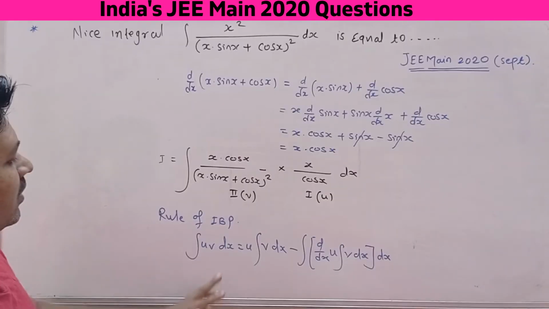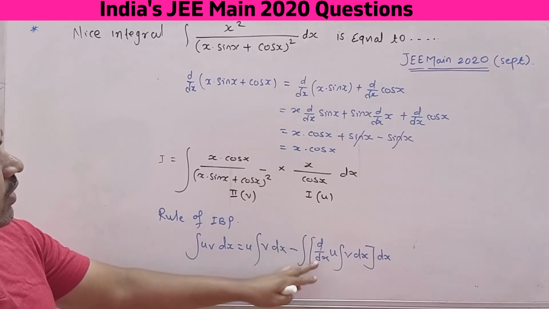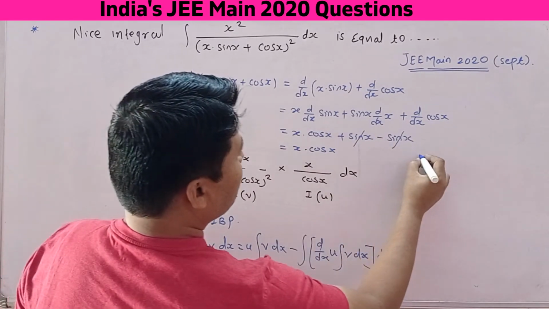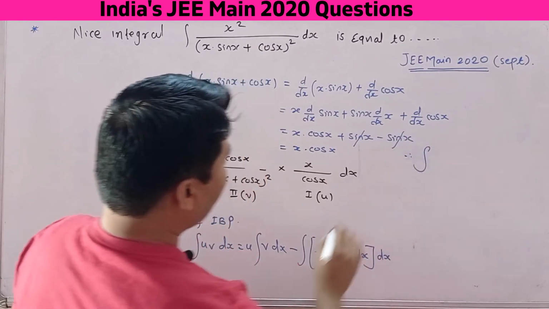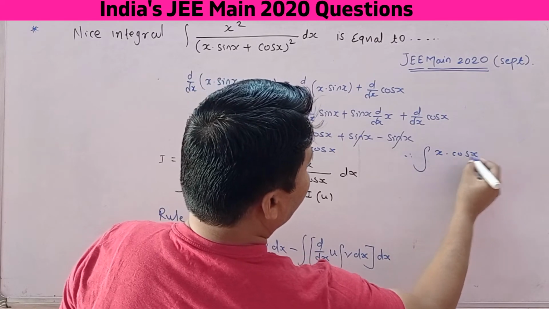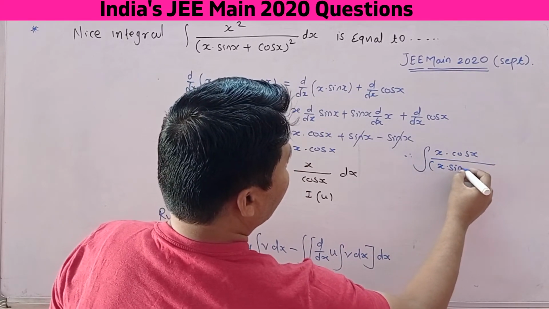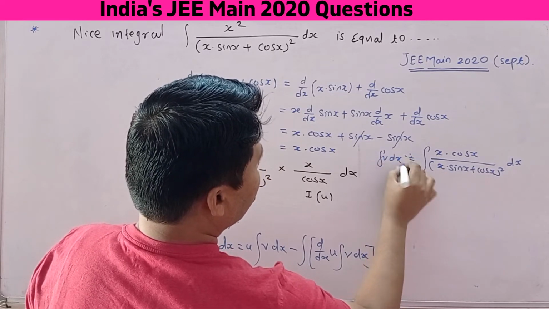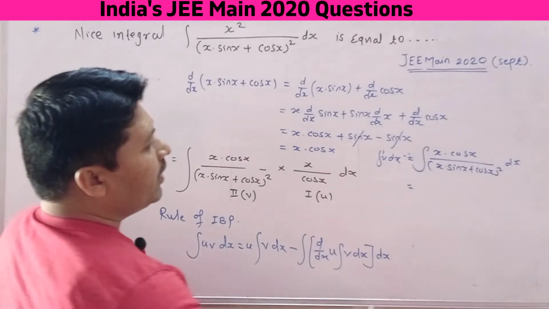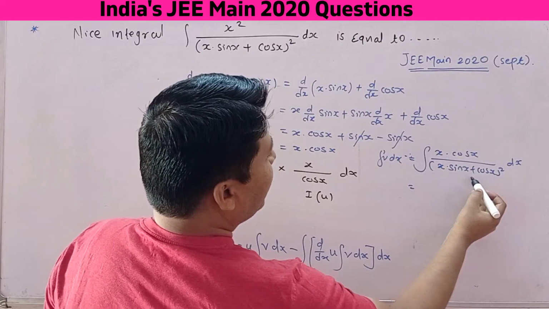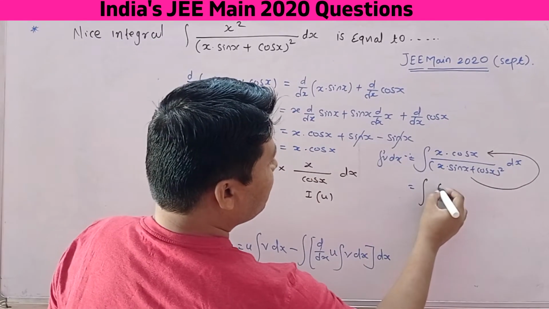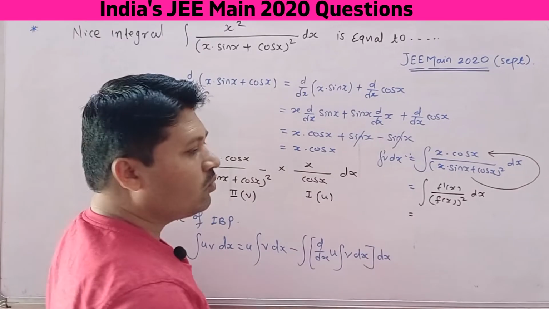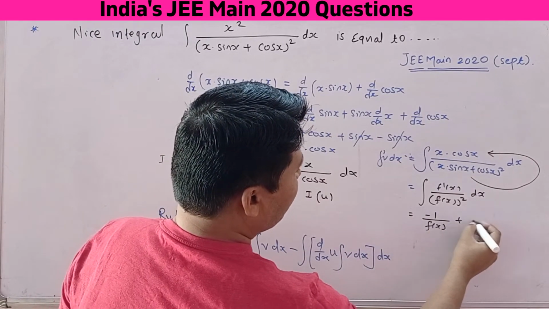Now we find the integral of the v function and the derivative of the u function separately. First, the integral of v: x cos x divided by (x sin x plus cos x) whole squared, dx. Here the derivative of x sin x plus cos x is present in the numerator, so it is of the form f dash x over f of x squared. Its integration is minus 1 upon f of x plus a constant of integration.